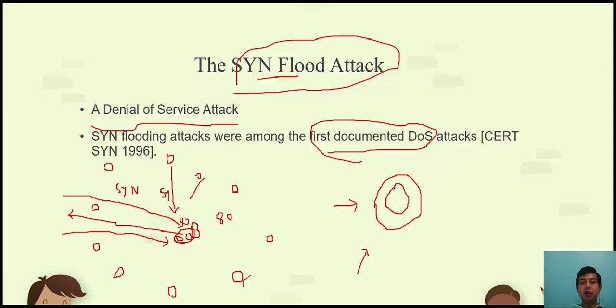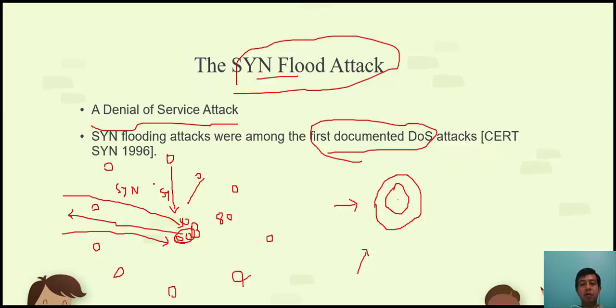Now if it receives a lot of SYN packets almost simultaneously, what will happen? It will create buffers for every one of these requests. If a huge number of such coordinated requests come, it will go on creating TCP buffers for each of these requests, and it may happen that the amount of TCP buffers created will swamp this server.